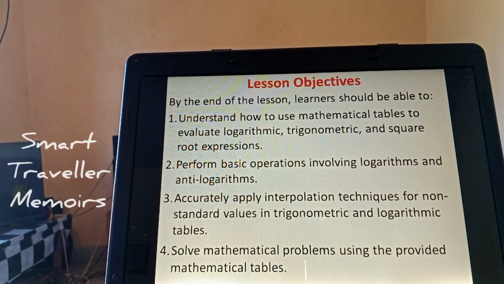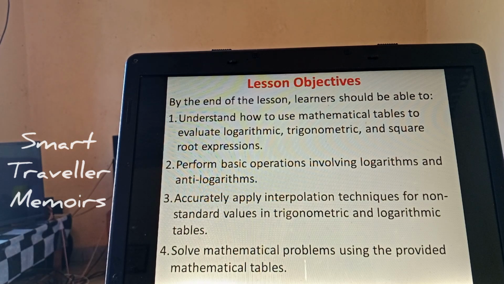The lesson objectives. By the end of the lesson, the learner should be able to understand how to use mathematical tables to evaluate logarithmic, trigonometric, and square root expressions, squares, cube roots, and reciprocals.